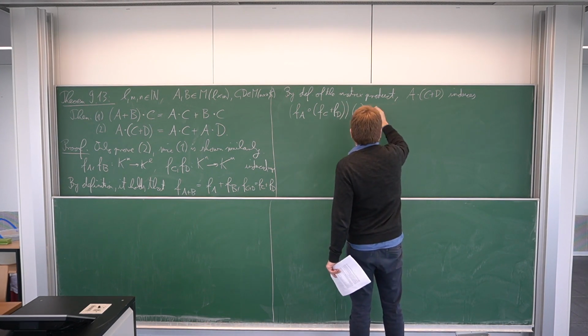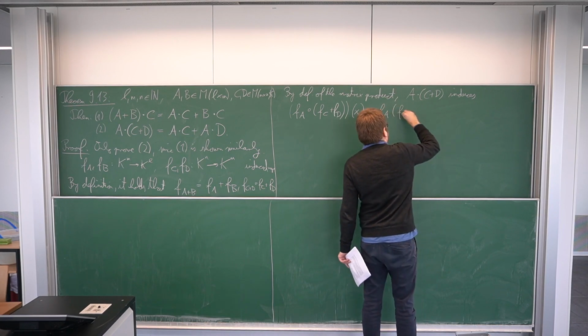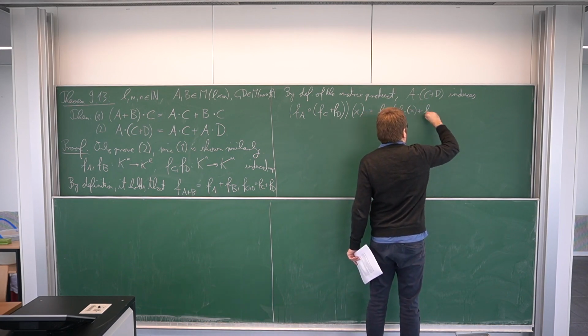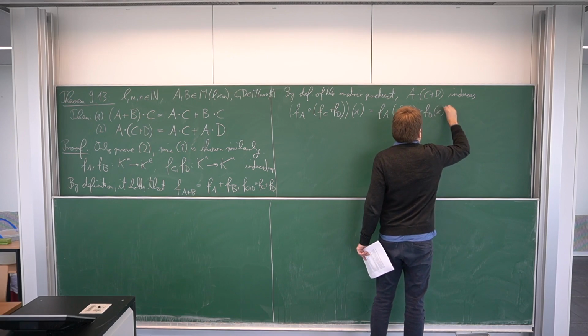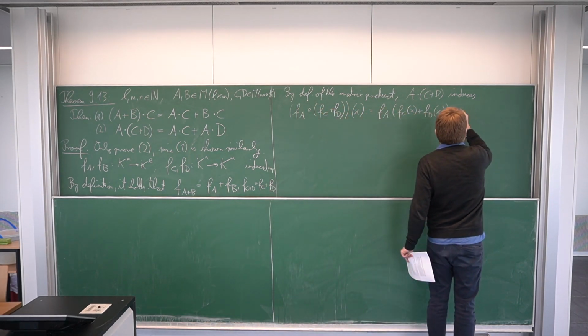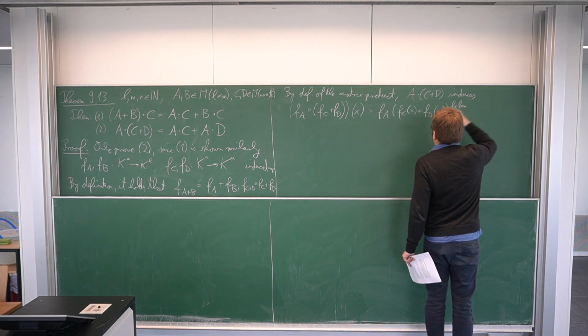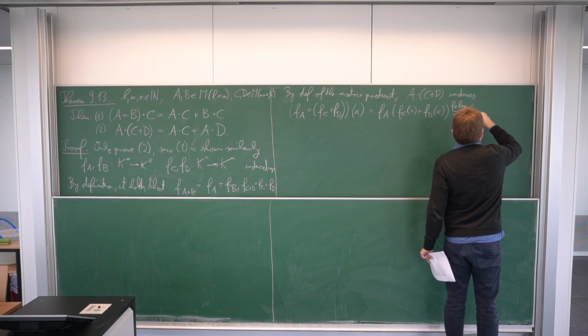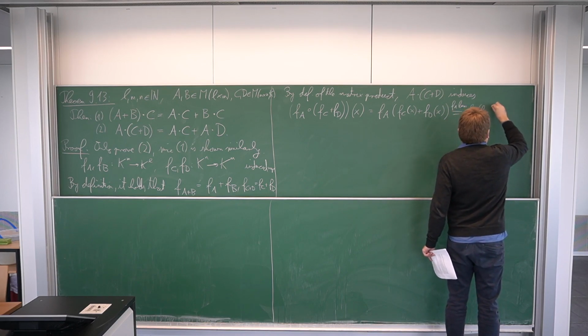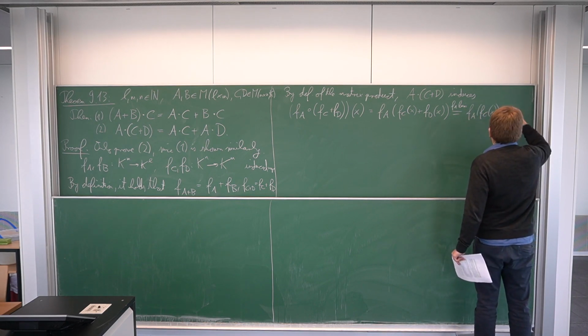This is by definition just Fa of the sum of the maps, Fc of x plus Fd of x, since the sum is defined pointwise. Now, Fa is a linear map, so we can use linearity to get this into Fa of Fc of x plus Fa of Fd of x.